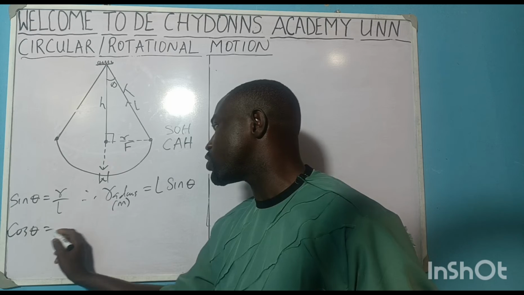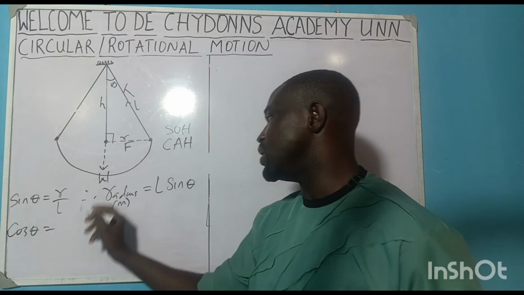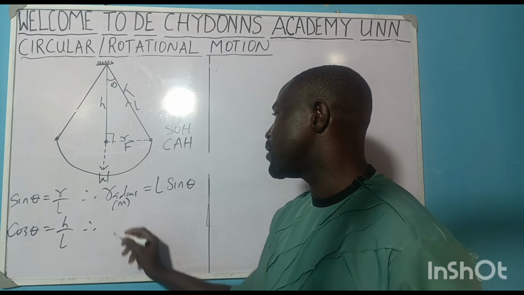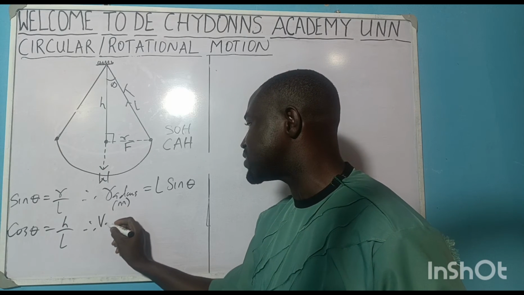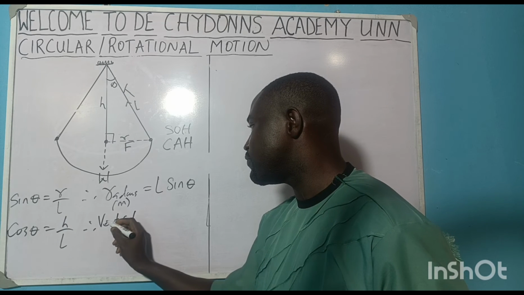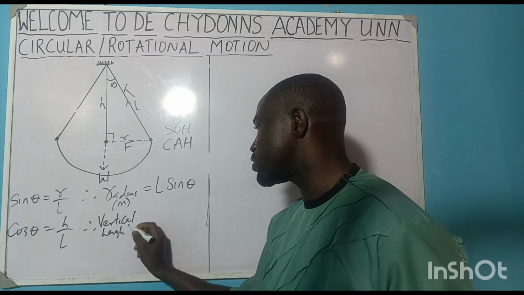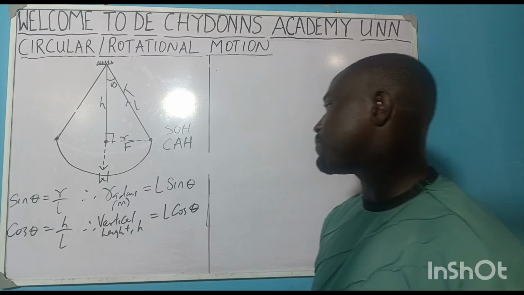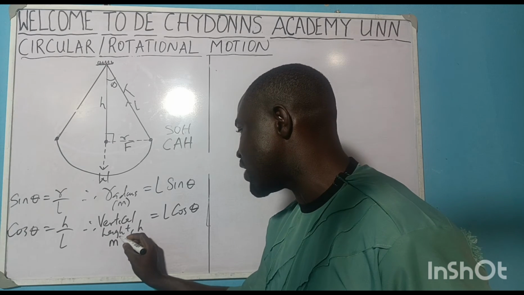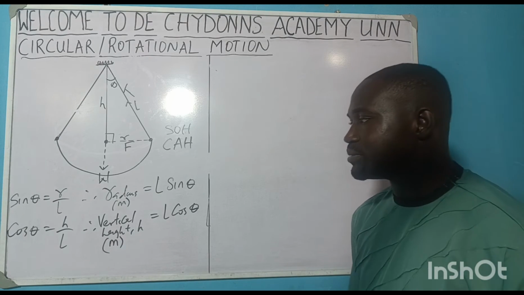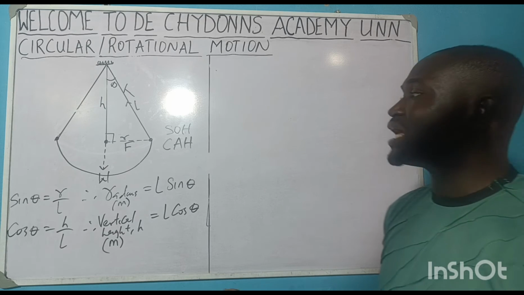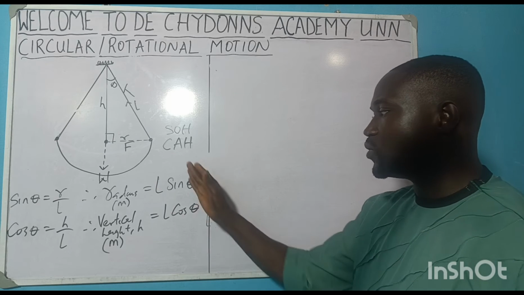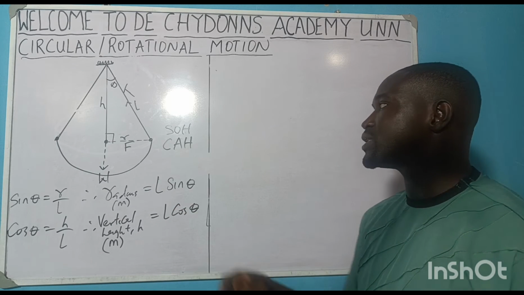Cos theta equals adjacent, which is h, all over the hypotenuse L. Therefore, the vertical height h is equal to L cos theta. The SI unit is meter, other units can be centimeter and so on. So in terms of heights or length, like radius, vertical height, look at the formula you have to use to sort it out.